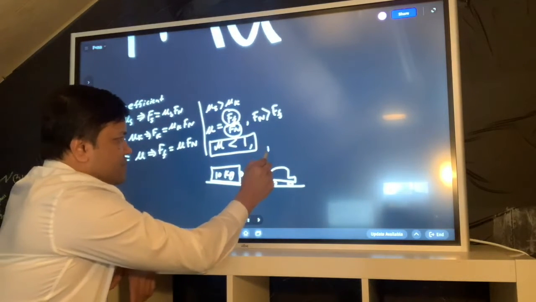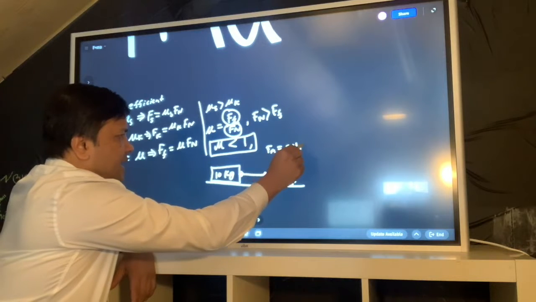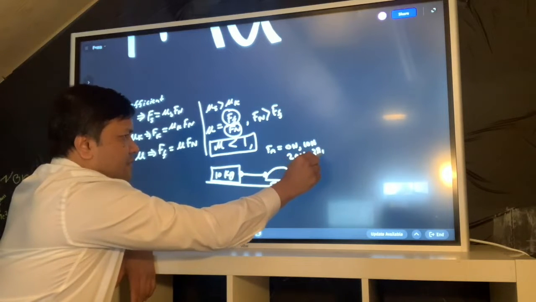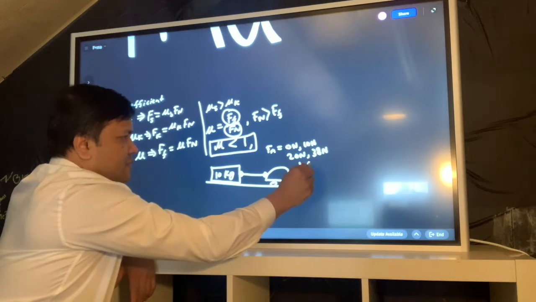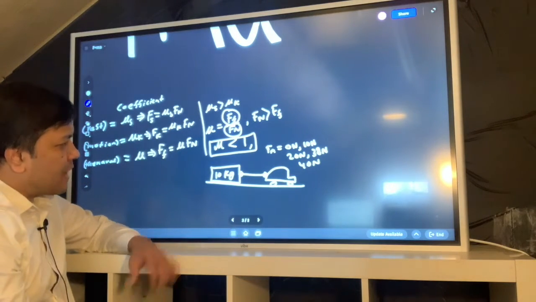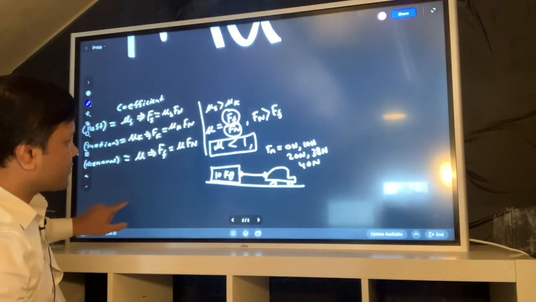So the applied force would be 0 Newton, and then 10 Newton, and then 20 Newton, and then 38 Newton, and then finally 40 Newton to move the box.